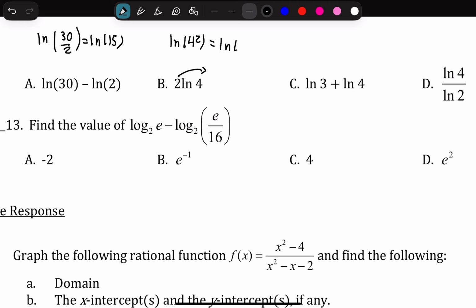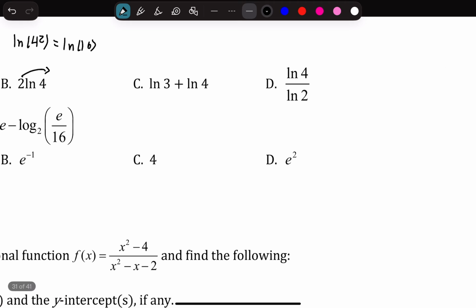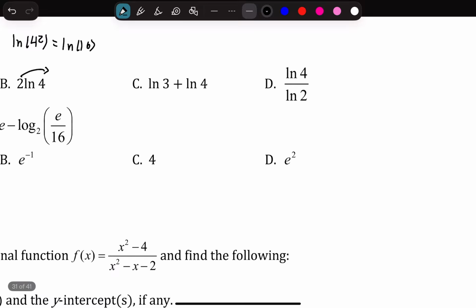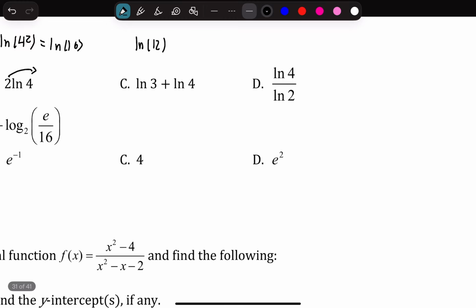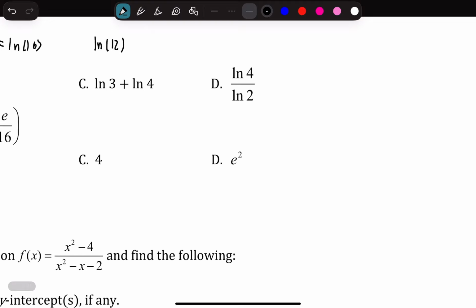So we're trying to get these into a common format so we can easily compare them. So we have ln 3 plus ln 4, so this is essentially ln 12, and that's because they're both ln, so you can just add the contents of what these things are. Now ln 4 over ln 2, we can just rewrite this as log base 2 of 4, which is equal to 2.